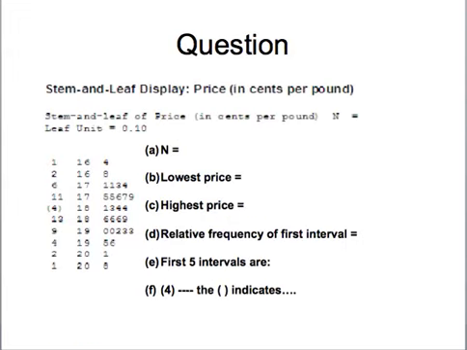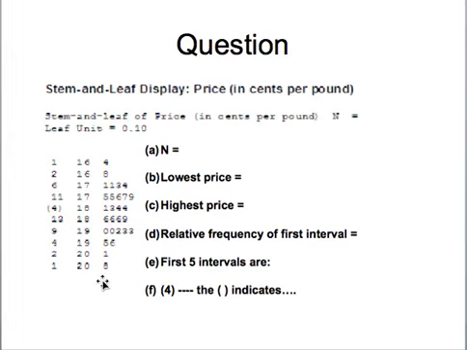All right, now here's a question for you. This is a stem and leaf of prices in cents per pound. So these are money, right? N is equal to, that's missing, and we are told that the leaf unit is 0.1. All right, so we know that the first value here is going to be 16.4, and then we have 16.8, and the maximum would be 20.8.